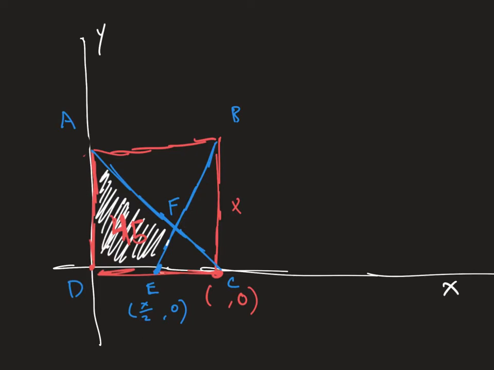Well, if we say that we have a unit square, so that 1, 0 is the coordinate of C, and the length is 1, therefore, of the square, then B has to be 1, 1, and A has to be 0, 1. Of course, this means that the area of this shaded white quadrilateral can't be 45.